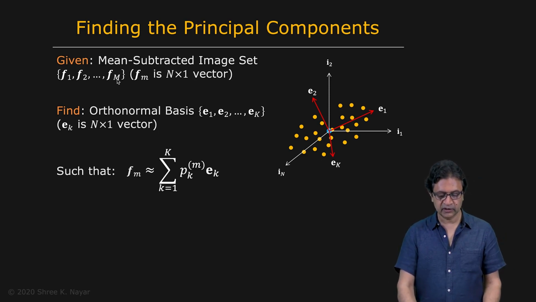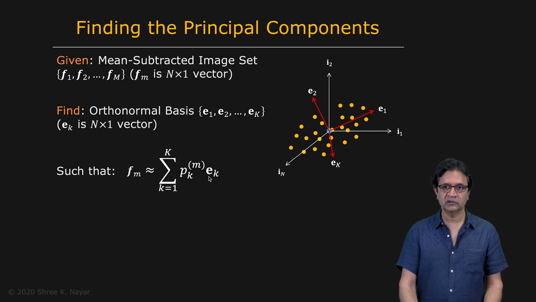We can take one of these images and express it as a linear combination of these principal components. And so for a k-dimensional orthonormal basis, that gives you the best approximation, reconstruction of the original image using just k numbers. These are the weights right here. The pKs are the weights.